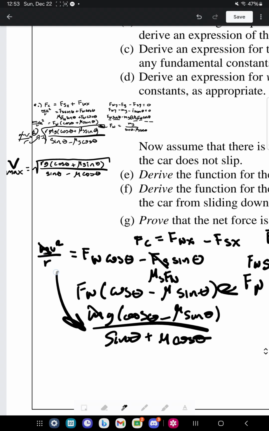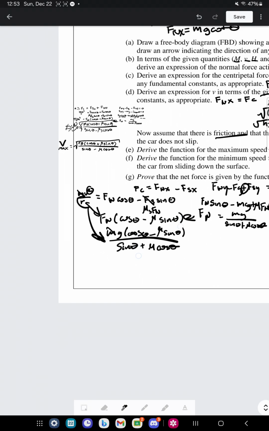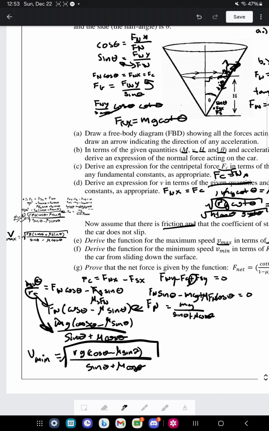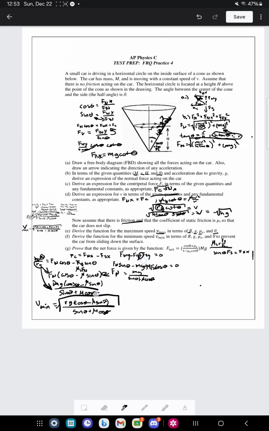Cancel out the m's, multiply over the r, and take the square root of both sides. We get v min equals the square root of rg times (cos theta minus mu sine theta) over (sine theta plus mu cosine theta). And that is our answer for part F.